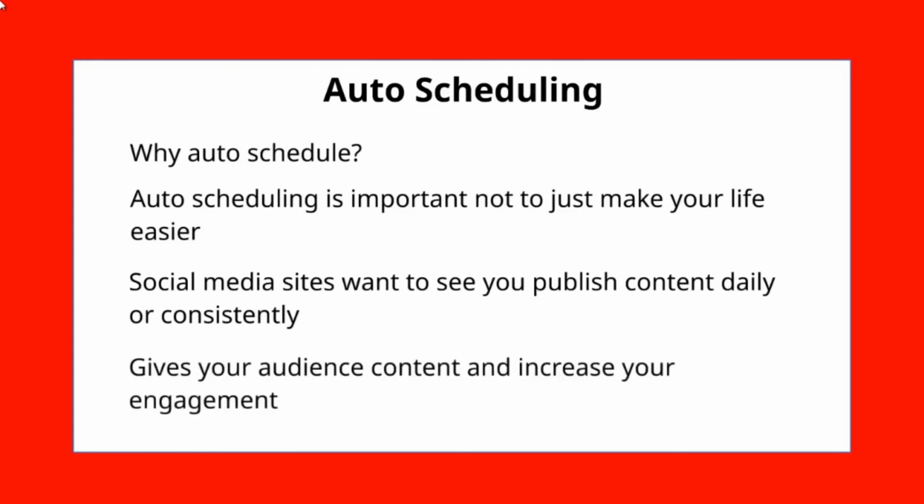So what ends up happening is it's a win-win situation. You're winning by saving a lot of time on your end, and in addition to that, you are also giving your audience content, increasing your engagement, and thereby the social media sites will see that and their algorithm will kick in and get you better rankings. So what kind of tools can you use? Well, let's talk about that right now.